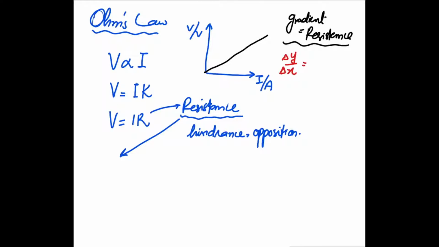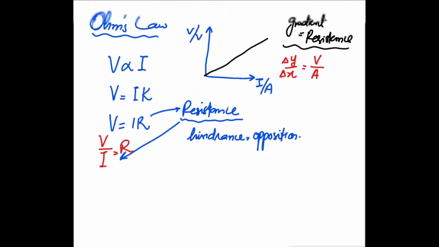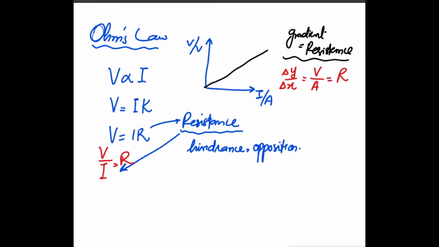So simply consider the unit of the y-axis, which is volt, and divide by the unit of the x-axis, which is amperes, or simply I. And I realize that if I rearrange this equation, that is V equals IR, I get voltage divided by current, that is going to be equal to R. So I can develop this common relationship over here, that V divided by I results in the value of resistance. So that is how we can figure out that the gradient of this graph refers to the resistance of that element that we are trying to measure the voltage across and the current of.